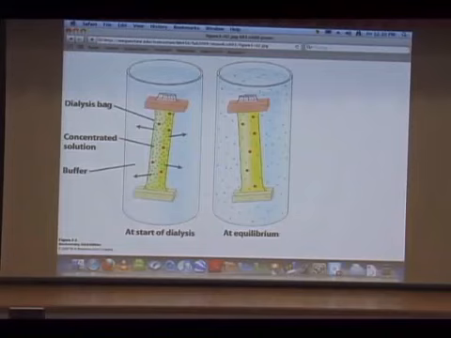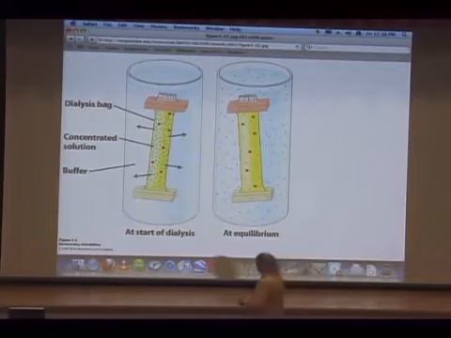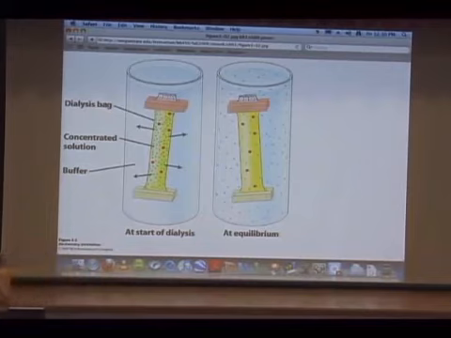On the left, we can see an example of a mixture that had a lot of small molecules in it. It also had my protein in it, which is shown in red. If I put this into a membranous tubing called dialysis tubing and close off the end so that it can't leak, and put that in a mixture that has a buffer in it, the small molecules will come out because they're smaller than the openings in the tube.